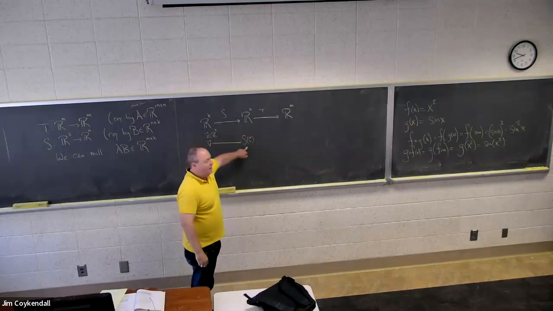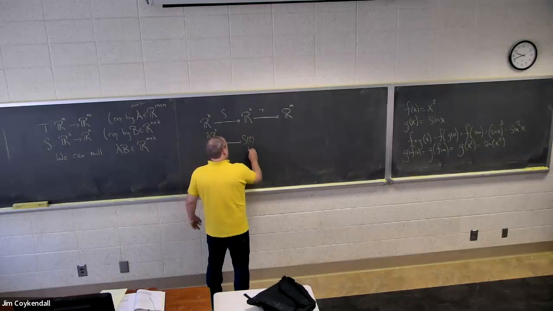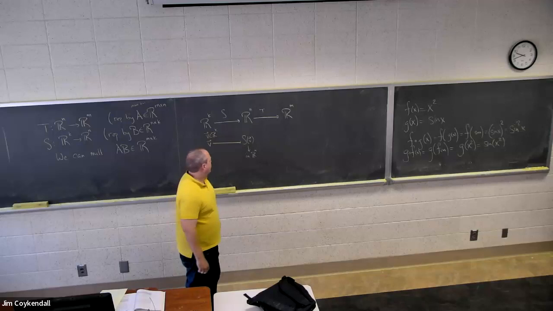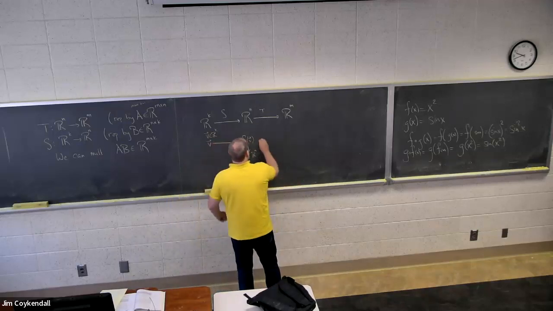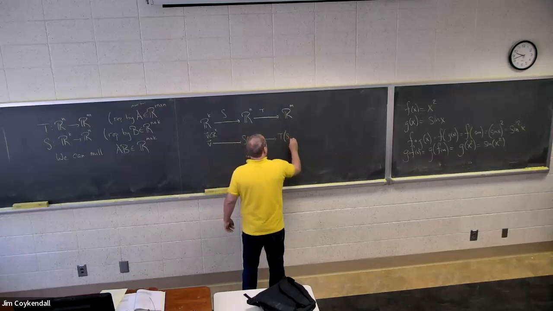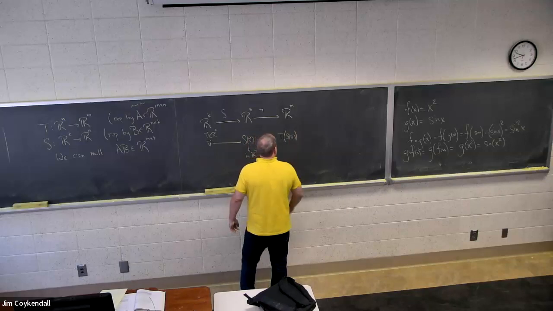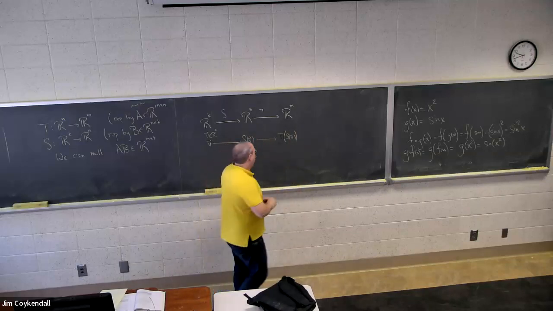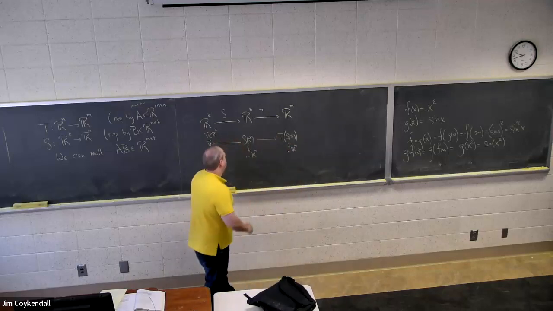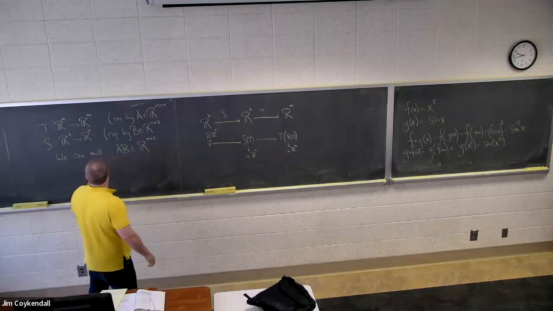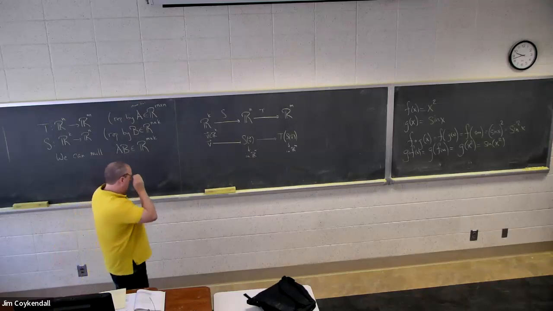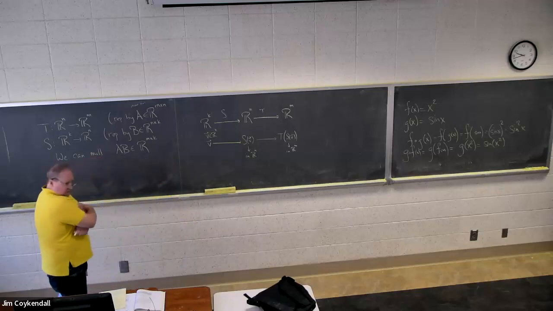When you look at S of V, this should be in Rn, right? And now you do T to it. And this is T of S of V. And this now should be in Rm. Everybody okay with that? Any questions on that?